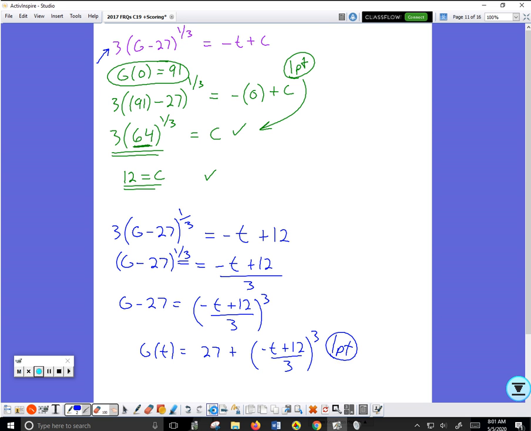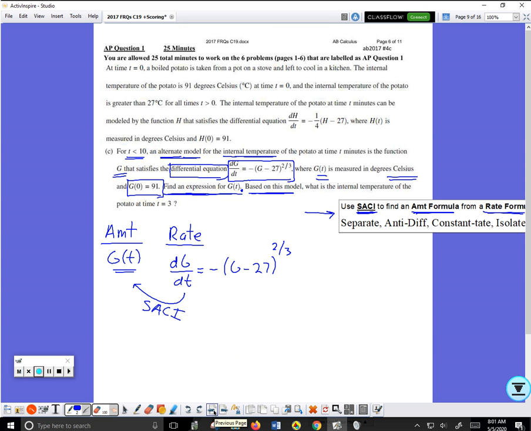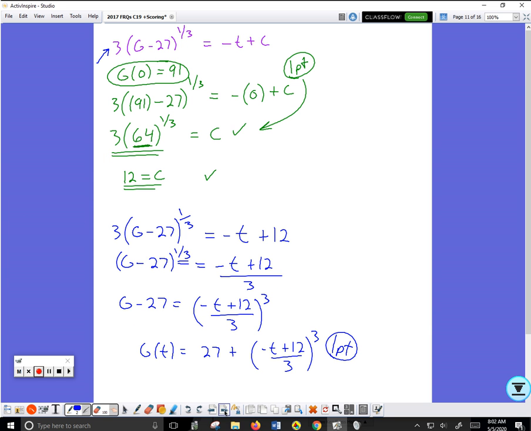Then, if you remember the question way back here, so now we found the expression for g based on this model. So based on g of t, what is the temperature of the potato at time 3? This means we want to plug in a time equal 3 into our equation right here.